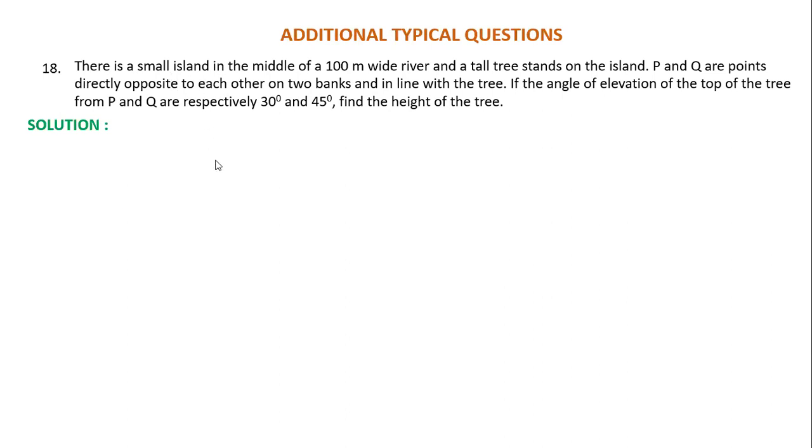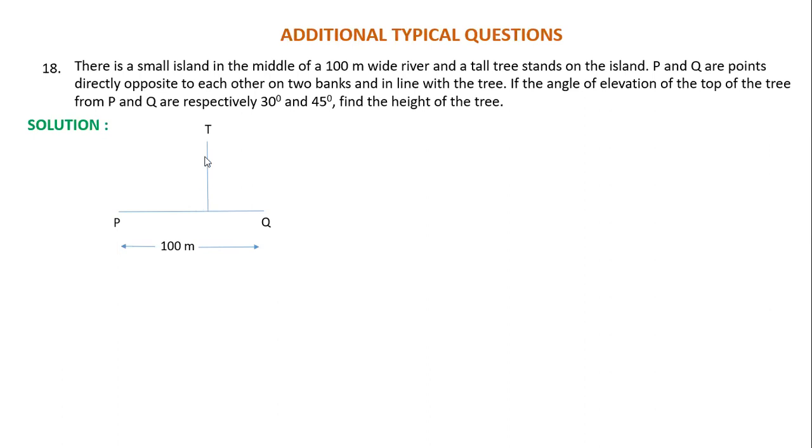So a small island. There is a PQ, in the middle of a river. PQ is a river which is 100 meters wide. Somewhere in the middle, there is an island.